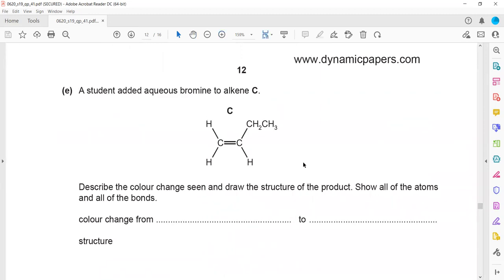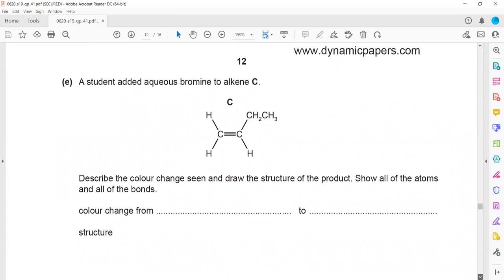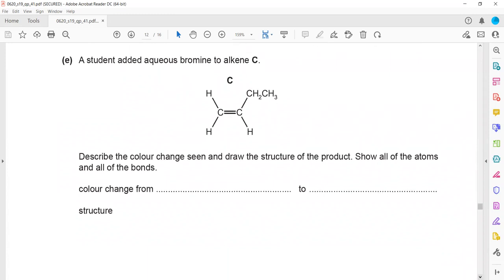A student added aqueous bromine. This is actually a test to check the presence of a double bond, whenever an alkene undergoes an addition reaction. So what will happen if we add aqueous bromine? Liquid bromine is red brown in color, but aqueous bromine means water is also there.